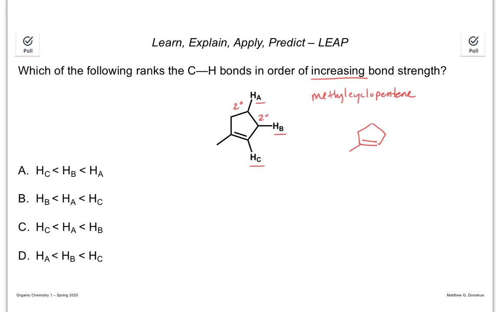C to HC, that's called vinylic. So vinylic. So you have HA versus HB. They're both secondary. Is there something special about one of them?